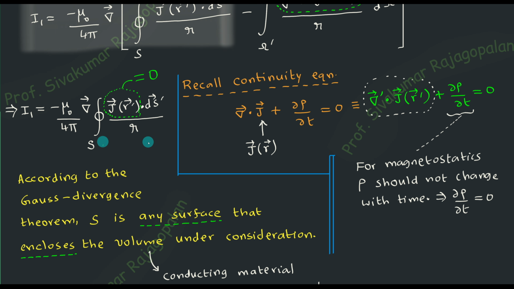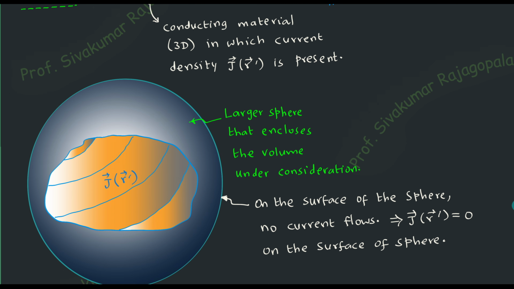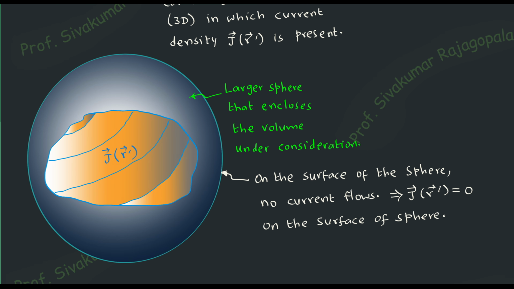So because of this interesting reason, the entire integral goes to 0. So that is the interesting story here. So once this point is clear, now we can write down that I1, this particular integral, is equal to 0. And that is our conclusion.